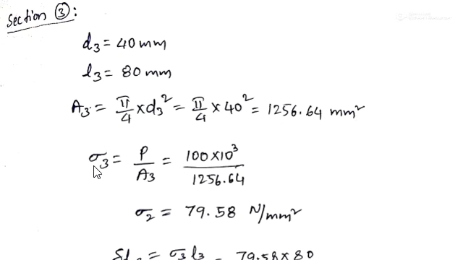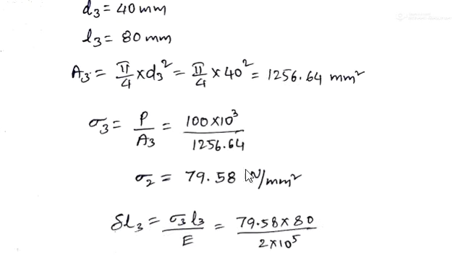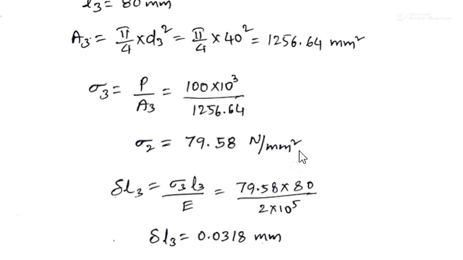To find the stress in part 3, sigma 3 is equal to load by area of part 3. Load is 100 into 10 to the power of 3 newtons by area 1256.64 mm square. When you simplify that we get sigma 3 as 79.58 Newton per mm square.